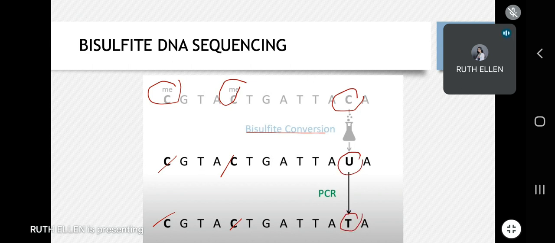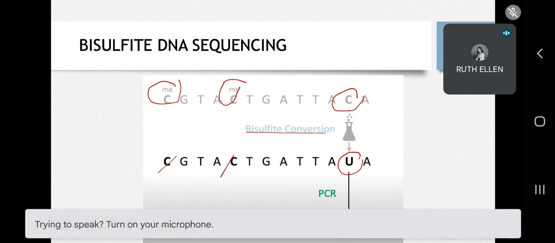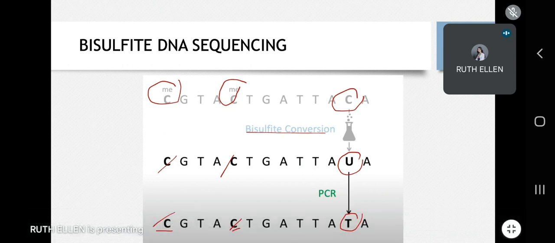So, ang bibilangin natin, yung mga naging cytosine pa rin, even if nag-add tayo ng bisulfite. Okay? So, yun yung bilang ng mga methylated cytosine. Okay? So, nakuha class yung bisulfite DNA sequencing. Class? Yes po.